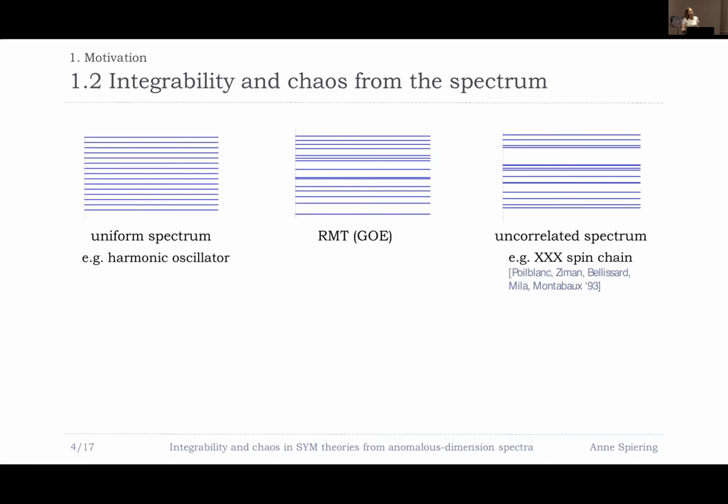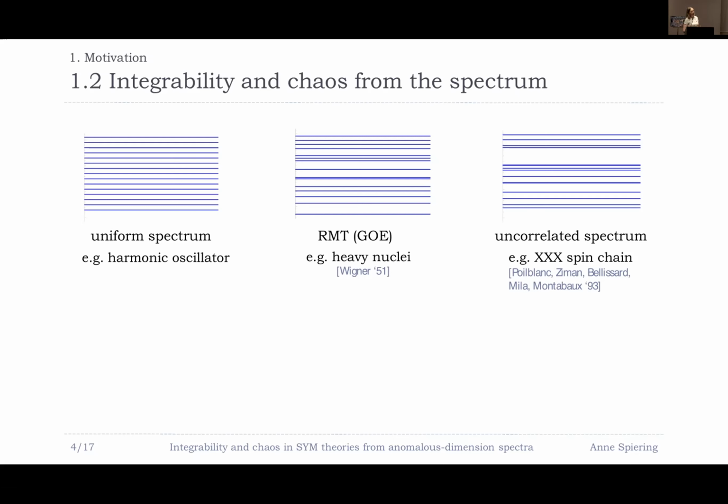This is actually a very important ensemble in physics. Already in the 50s, Wigner realized that the spectrum of heavy nuclei resembles the spectrum of matrices in this Gaussian orthogonal ensemble. This realization initiated the whole development of random matrix theory. People realized that lots of physical models have spectra that can be described by random matrix theory, in particular, this GOE ensemble.